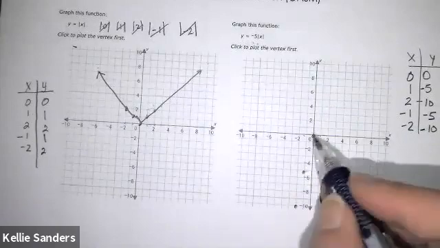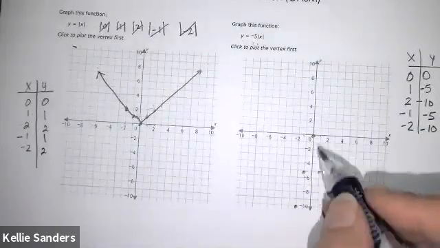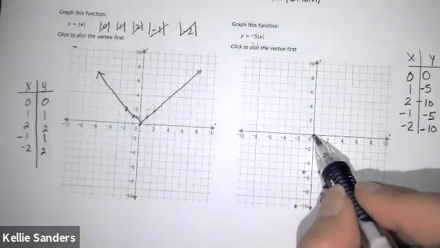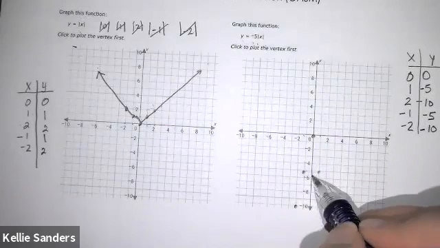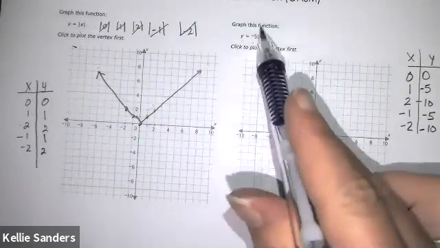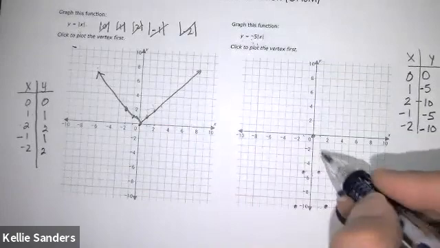This V didn't go up 1, over 1, down 1, over 1. This one went down 5, over 1, down 5, over 1. You know why? Because that's basically what the slope is. So we've got to be careful with that.